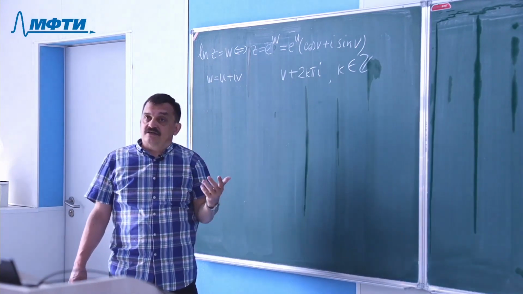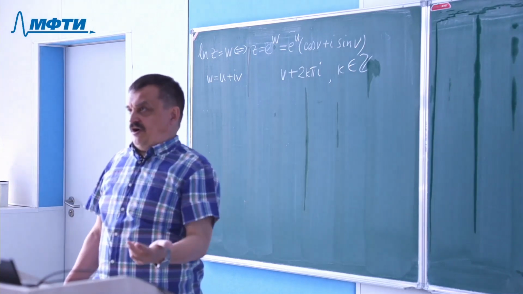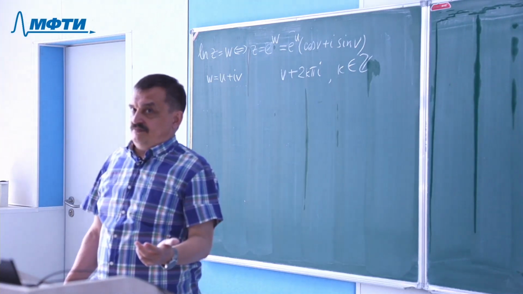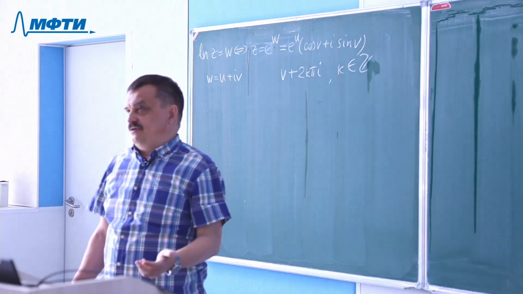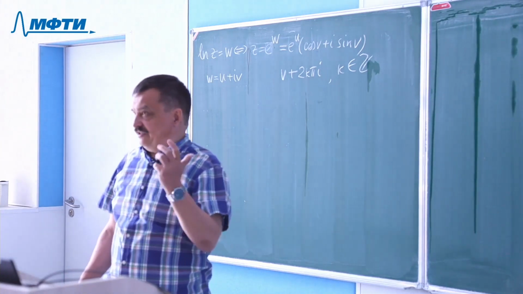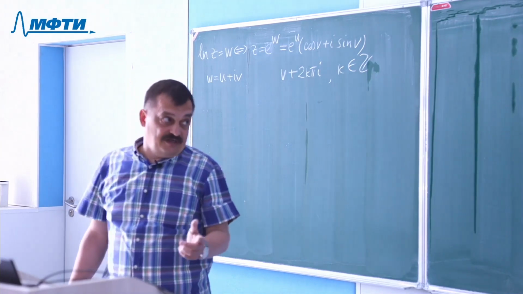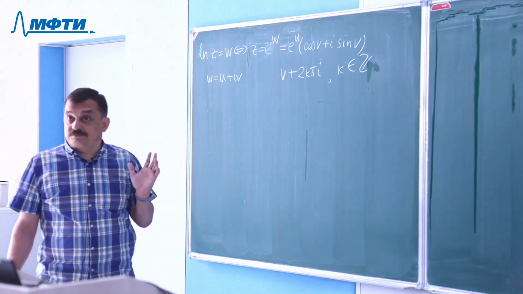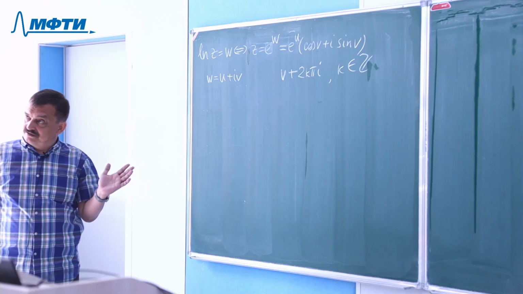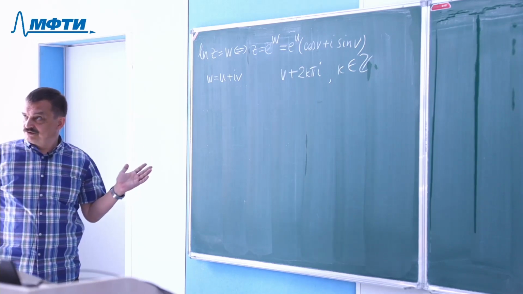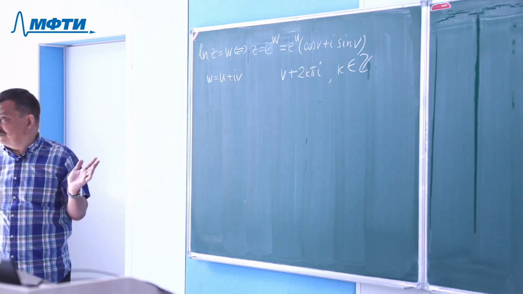So it means that we have infinitely many values of the logarithm for an arbitrary complex number. You will consider it in more detail in complex analysis later. But I want to explain the difference between real and complex analysis. Here is the first point where you can see it, so a very simple property is not valid.